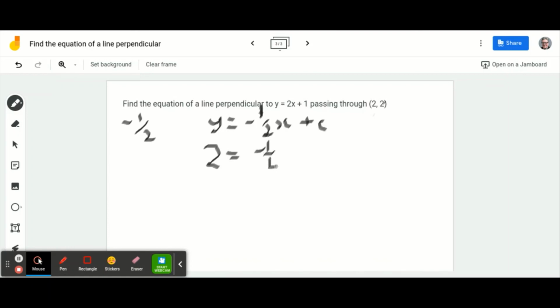So that's -1/2 of 2 plus c. So 2 is -1/2 of 2, which is -1, plus c. We add 1 to both sides, we get 3 equals c, and our equation must be y is -1/2 of x plus 3.